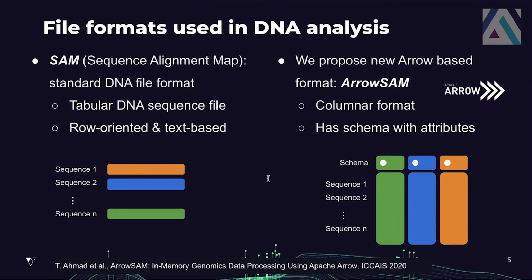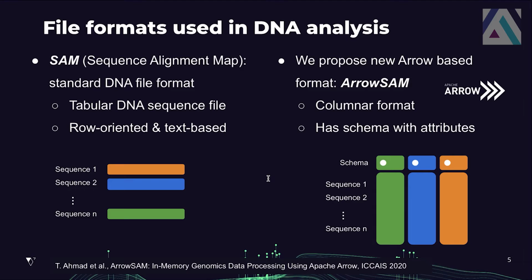To start, we propose a new file format that is based on the Apache Arrow project that replaces standard existing file formats in the genomics field. One of the most widely used file formats is the SAM file format, the sequence alignment map format, which is a standard tabular DNA sequence file that is row-oriented and is text-based.